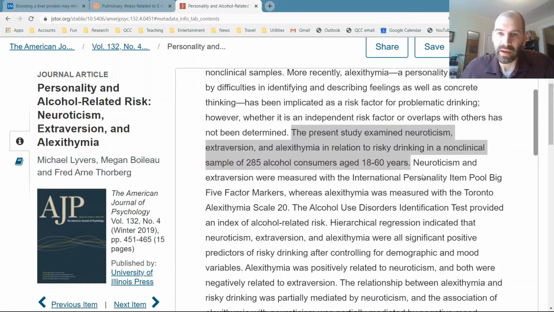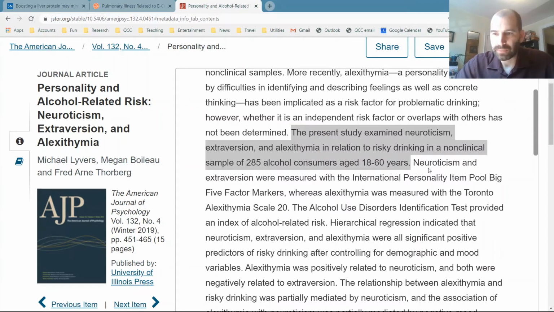The present study examined neuroticism, extroversion, and alexithymia in relation to risky drinking in a non-clinical sample of 285 alcohol consumers aged 18 to 60 years. Neuroticism, extroversion, and alexithymia are psychological conditions. So what would you say is the explanatory and the response variables here? Go ahead and pause the video, think about it a little bit.